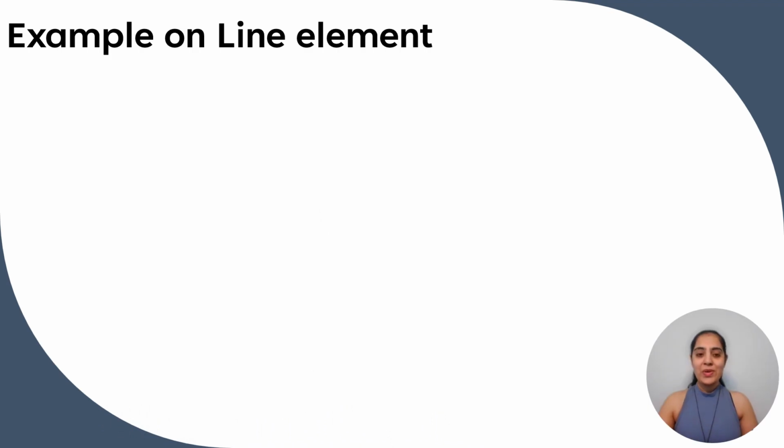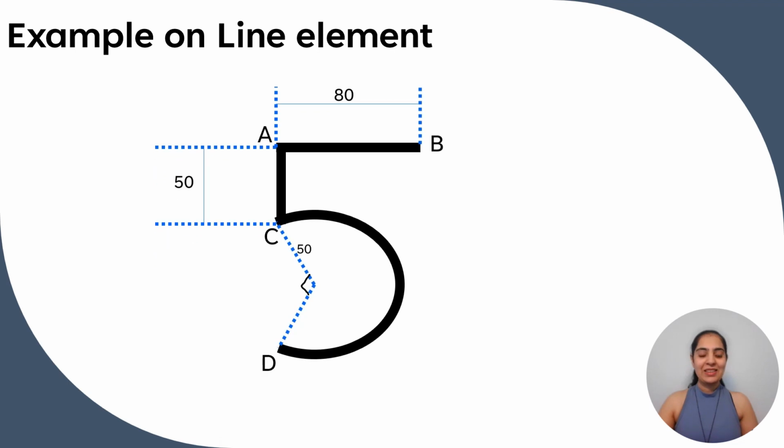So now we will see the problem statement. This is the line element skeleton for which we have to find its center of gravity. See, it is in the shape of 5.